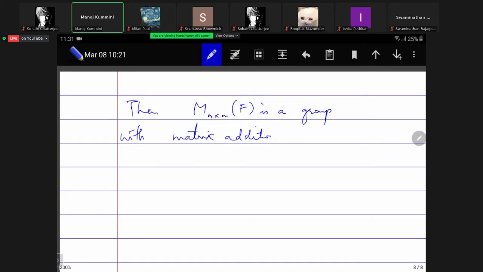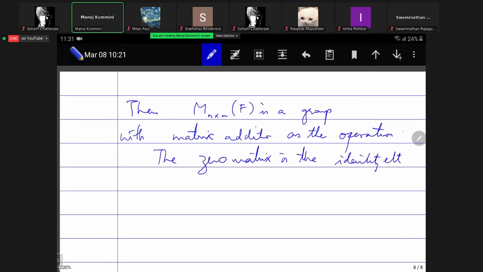This is a special case of the previous example, with addition as the operation. The zero matrix is the identity element, and the inverse of a matrix A is minus A, for all matrices.